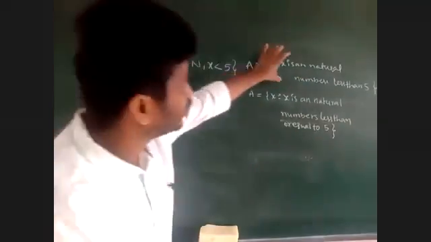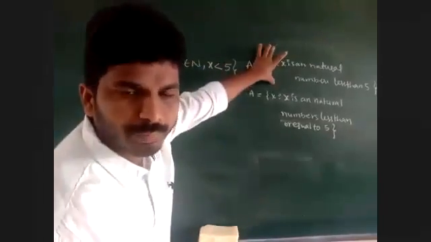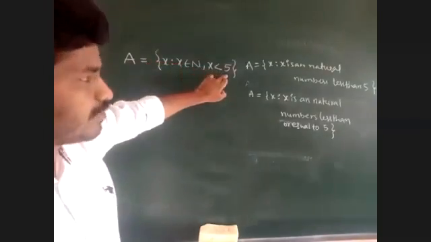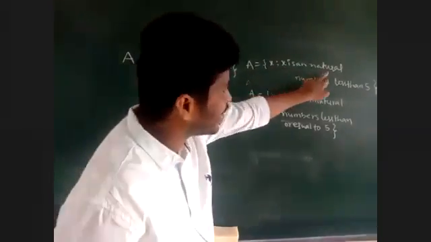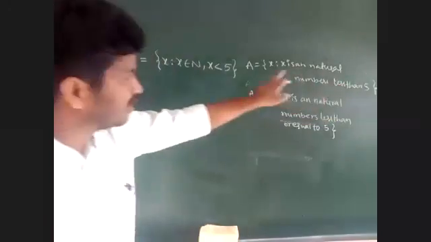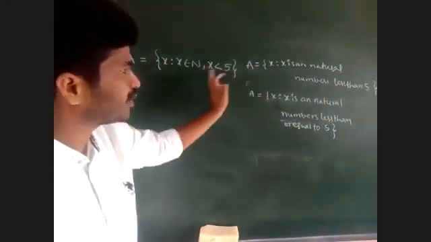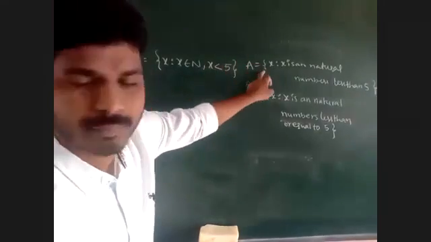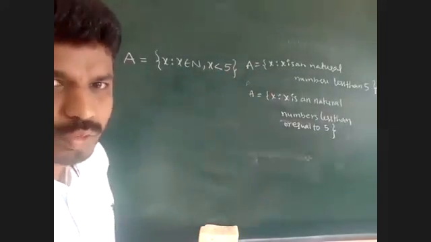These two statements should be the same. This is also x belongs to natural numbers, x less than 5. Here also x is a natural number less than 5. Is there any difference between these two sets? No, sir.